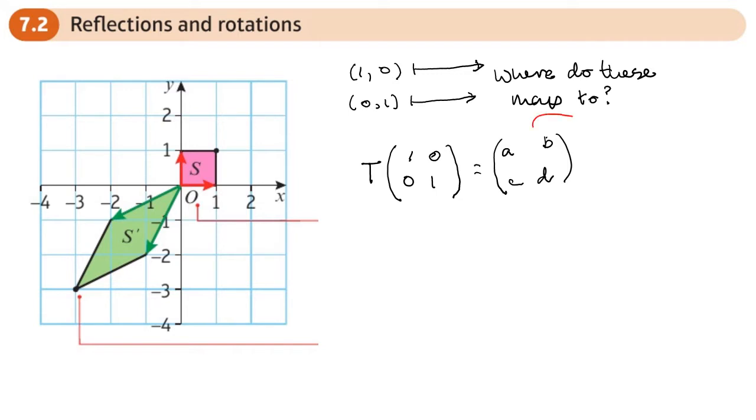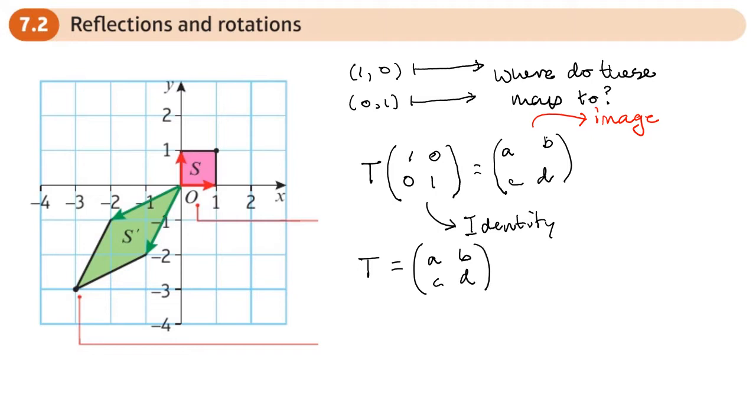So this is the image, this is where they've moved to, and I know the points that I've started with. I want to find a transformation. Now you should recognize this matrix here. This is the identity matrix. If this is the identity matrix, then T equals A, B, C, D, where the points have moved to. So that's why we look at where the points 1, 0 and 0, 1 have moved to.